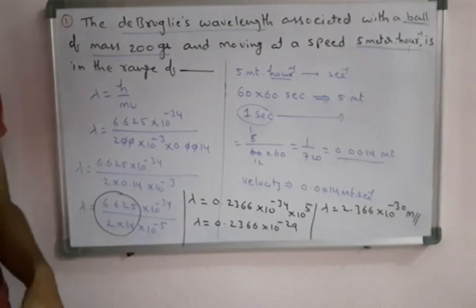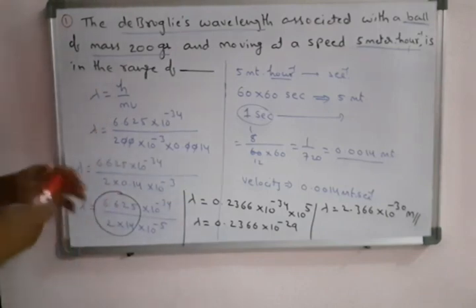So just using the direct formula, lambda is equal to h by mv.